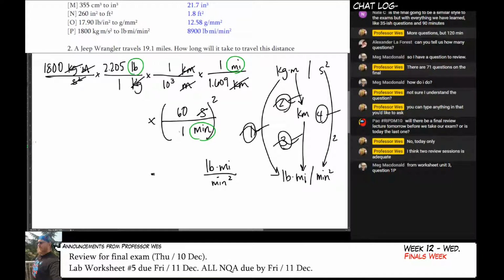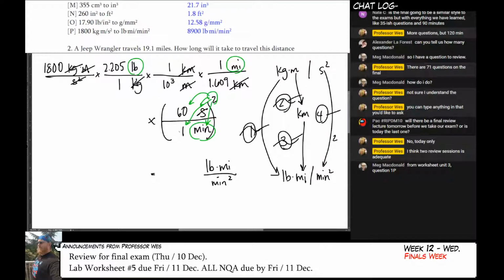We don't want to forget that squared. And that applies to everything in the parentheses. So that when I go to the calculator and I put all these numbers in, I will type in 1,800 times 2.205 times 60 squared divided by 1,000 times 1.609.